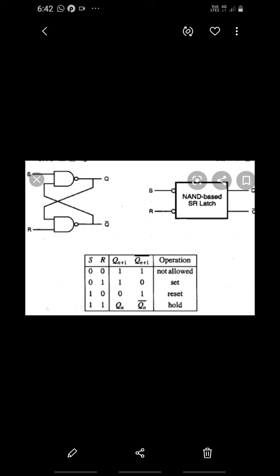When 0 1, it is a set condition, and when applying 1 0, it is a reset condition, and when applying 1 1, it is a hold condition. So this is the RS latch by using the NAND gate.